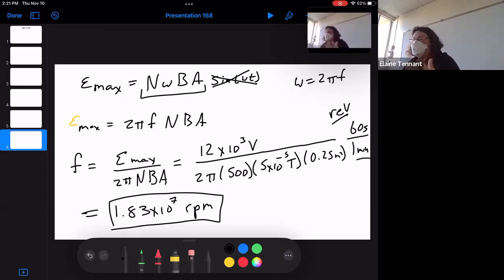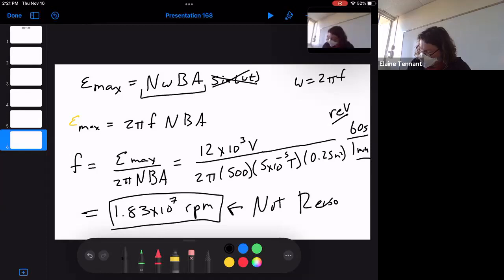You would break your coil before you actually achieved this velocity. So not reasonable. But if you did manage to spin that just in Earth's magnetic field, you would get voltage off of it.